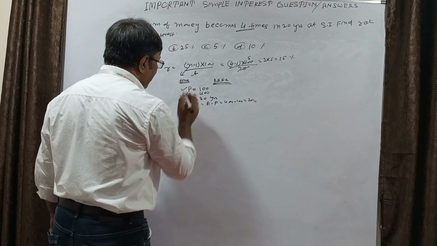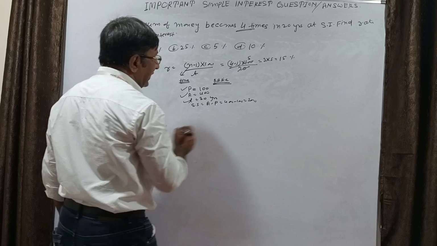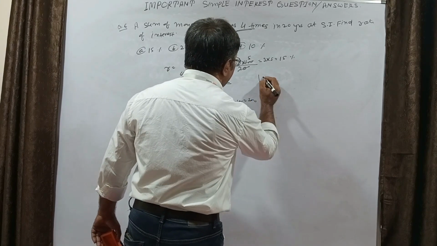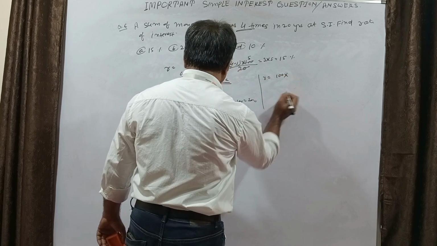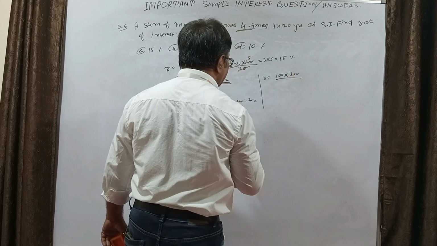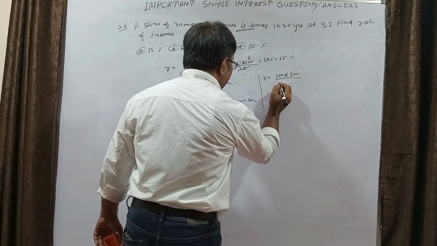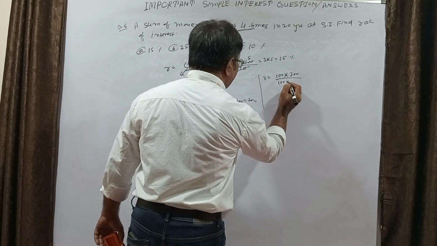Now we have principal, time and simple interest. We can easily find the rate of interest. The basic formula is 100 into simple interest, so simple interest is 300, divided by T into P. P is 100 and T is 20.